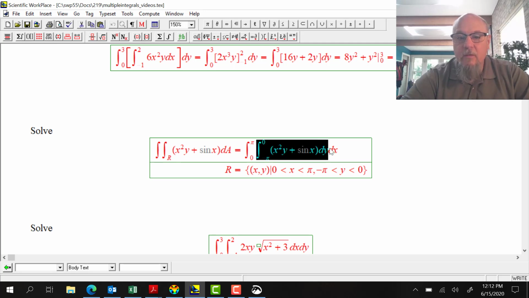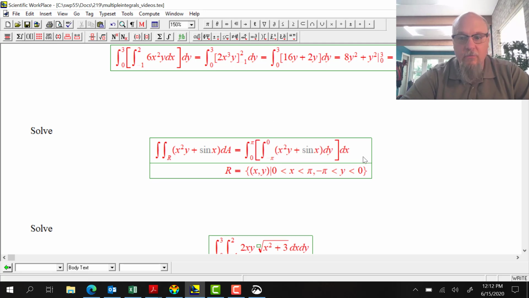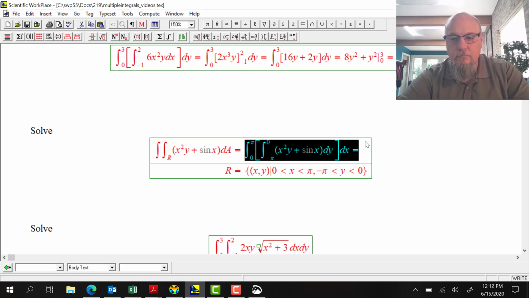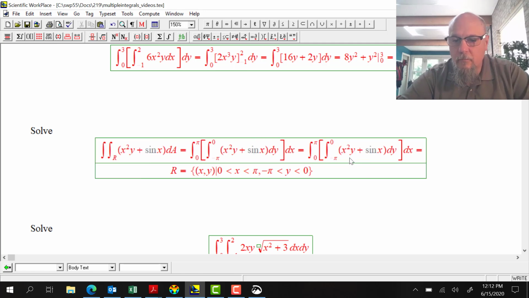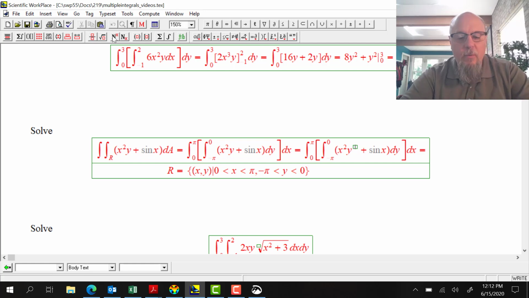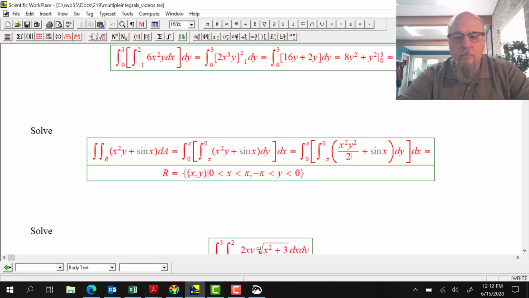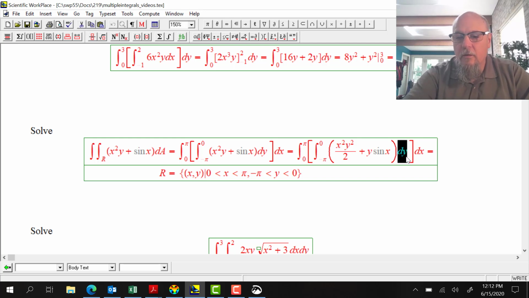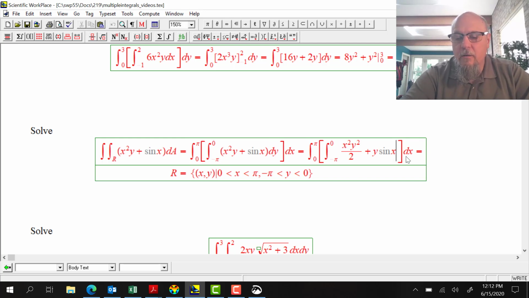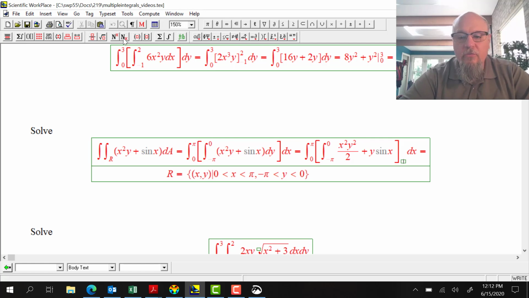I'm going to integrate the inner integral with respect to y. So that's going to be add 1 to the exponent, divide by what's up top. The x squared is a constant. And that just becomes y times. So I integrated with respect to y, and I have to sub in the top minus sub in the bottom, going from minus pi to 0.